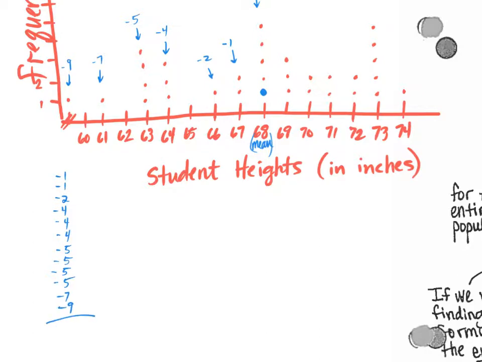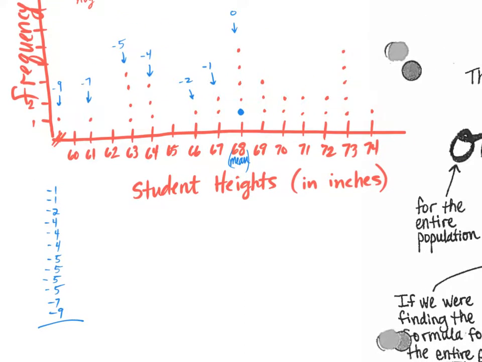If I added those up, and then talk to me about what's on the right-hand side. All of these distances over here are what? Positive ones. Okay, so I've got 3 of them that are +1. I've got, these are +2, +3, +4, +5, and +6.